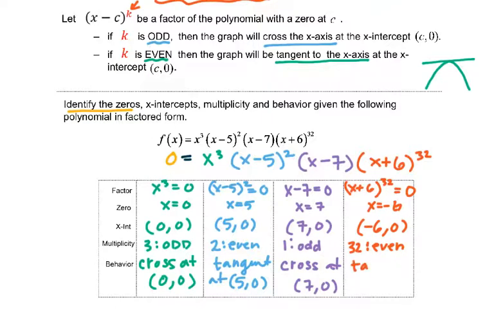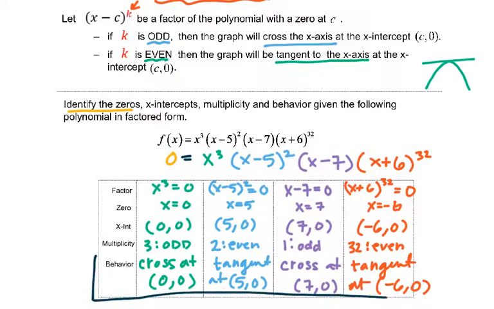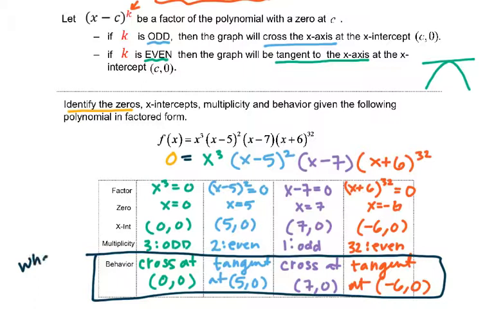So that means we are tangent to the x-axis at negative 6, 0. So the answer that we would be looking for would just be this last row, our behavior, right? What happens at the x-axis? We either cross or are tangent to the x-axis at these values.